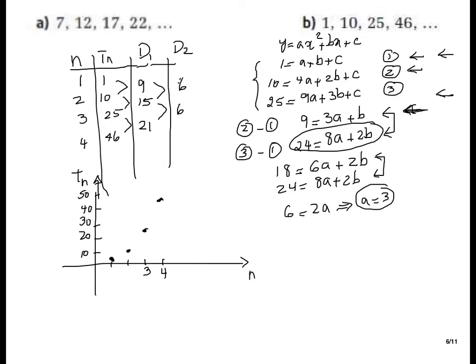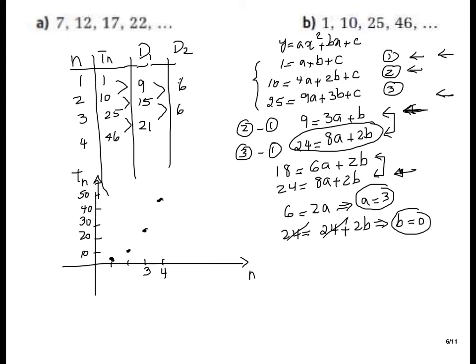Now I have to find the second variable, b. I'm going to use, let's say, this equation. I'm going to say 24 is 8 times a, which is 8 times 3, which is 24, plus 2b. From here, 24 cancels 24, so b is equal to 0.